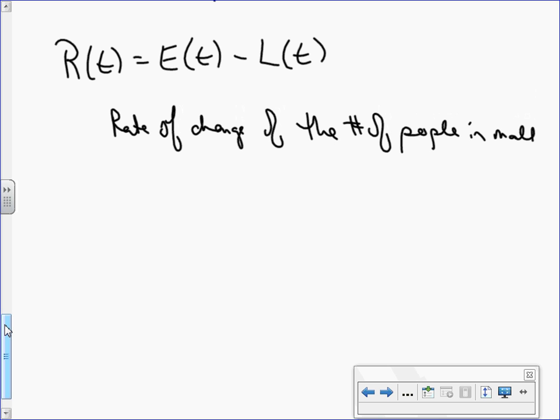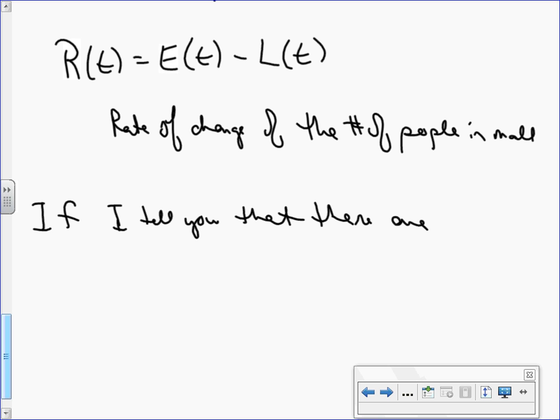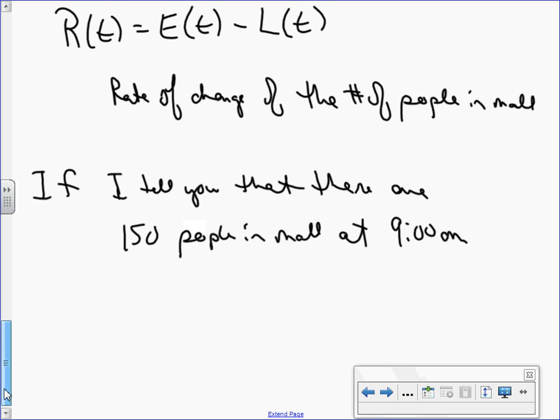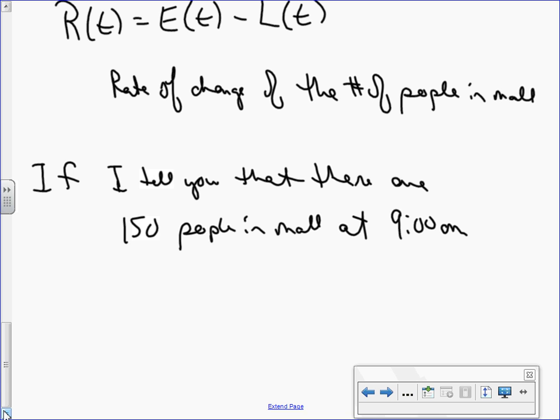Now, if I say that there are 150 people in the mall at 9 a.m., the beginning of this problem, that's an initial value. How many people are in the mall right when we start?